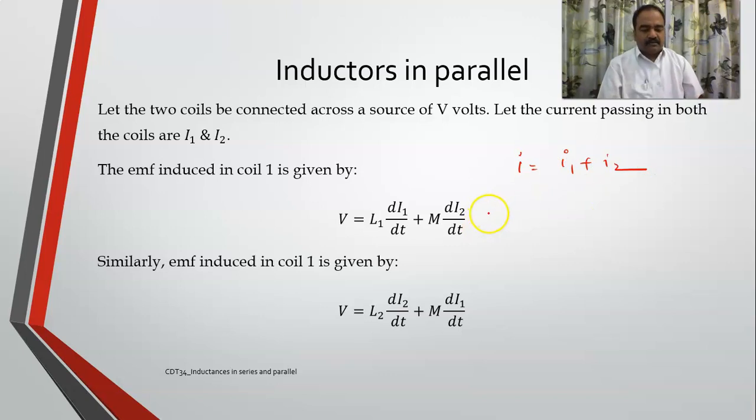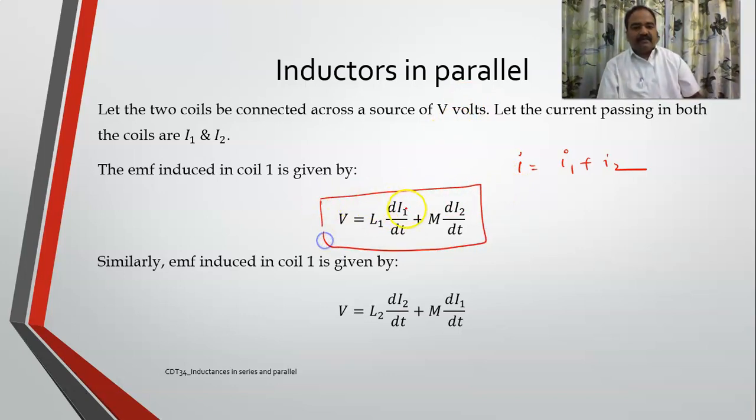The voltage is the same for both. For coil number 1, it is L1 di1 by dt plus M di2 by dt, because the current flowing in the other coil is different. This is I1, this is I2.